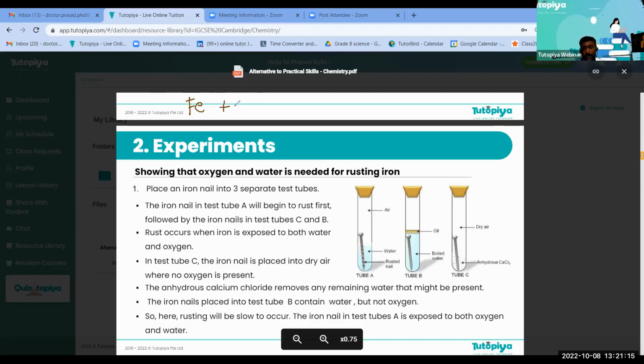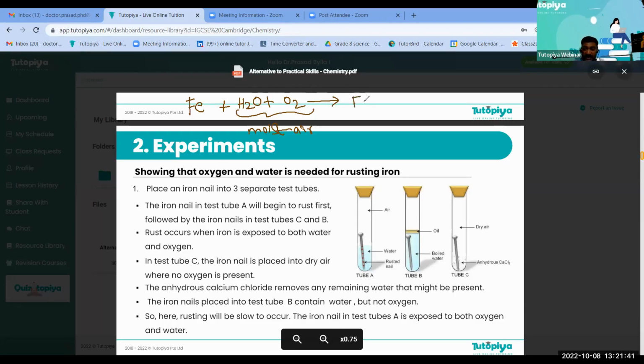But when I expose it to moist air, when I say moist air, there is moisture in the air and there is oxygen. This is our moist air, not dry air. Remember, not like in summer season. It's a rainy season or winter season. Moist air. There is moisture, a lot of humidity, and also oxygen. Air has 21% oxygen. Now, when they both undergo reaction, it's a slow process.